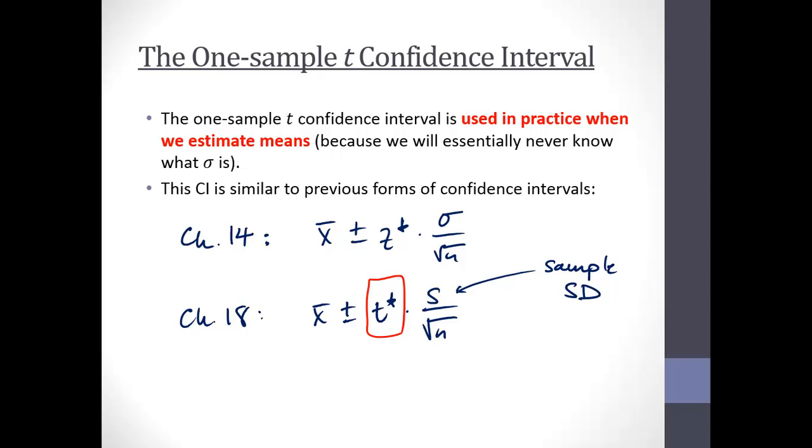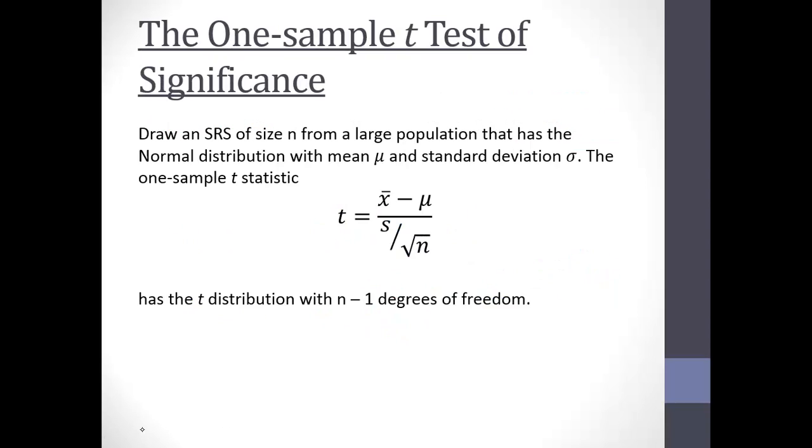You just have to take care of a few details there. So we're fixing our issue with chapter 14, where we had a formula we can't actually use in practice. We fixed that, and now we're going to move on to addressing the same issue with our hypothesis tests in chapter 15.